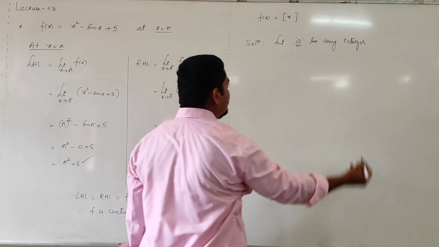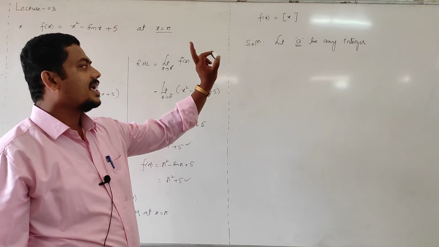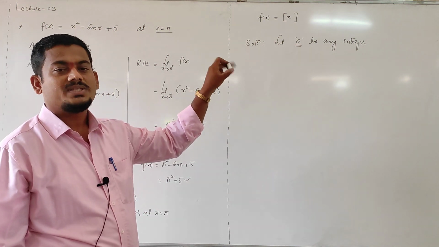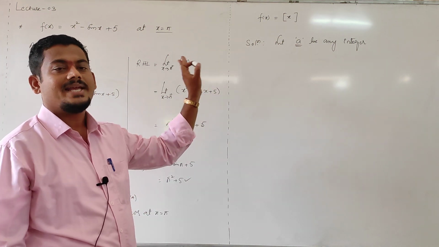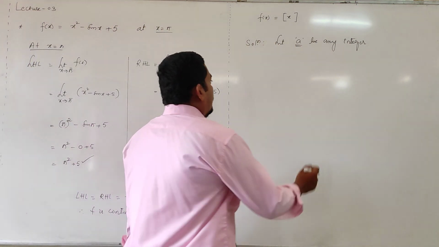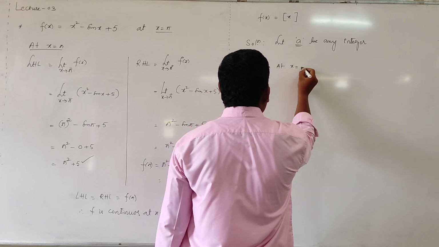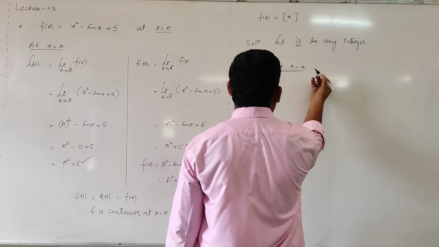At this point check the continuity. Here a be any integer means for a you can give any value 1, 2, 3, 4, 5 and so on, and similarly negative integers -1, -2, -3 and so on. Again, same procedure: at x equal to a check the continuity.